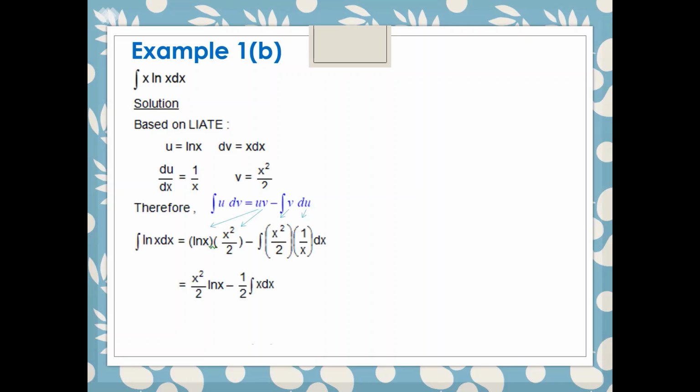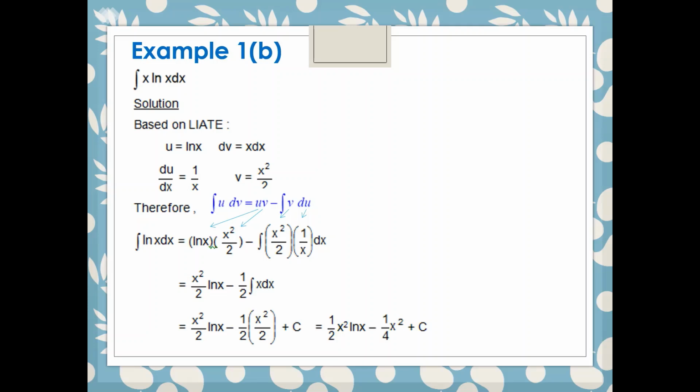Substitute the answers accordingly into the formula, you will obtain ln x multiplied with x squared over 2 minus the integral of x squared over 2 multiplied with 1 over x dx. Simplify, you will obtain x squared over 2 ln x minus 1 over 2 integral of x dx.